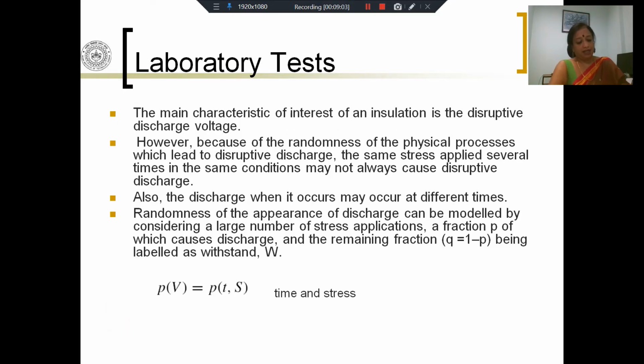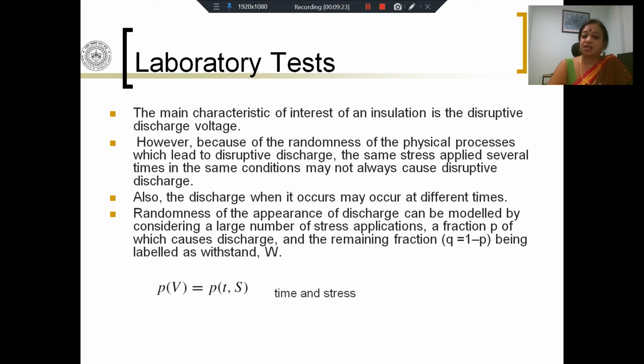So let us now discuss briefly some laboratory tests. The main characteristic of interest of an insulation is the disruptive discharge voltage. This is something that we have already discussed when we talked about insulation coordination, but let me quickly go through the material once more because this is pertinent to testing.